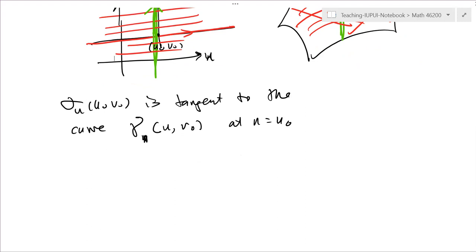Right, let me describe tangent vectors to some surface.